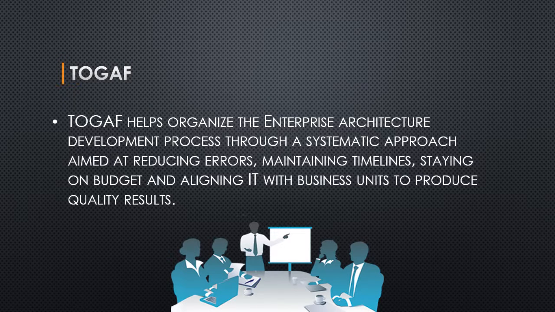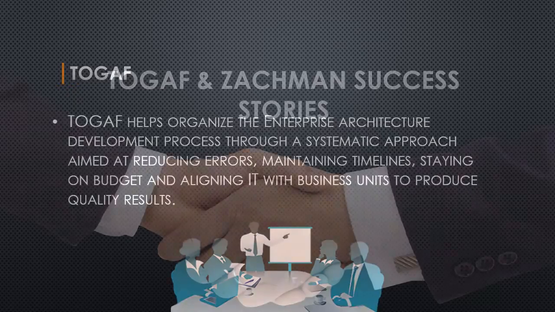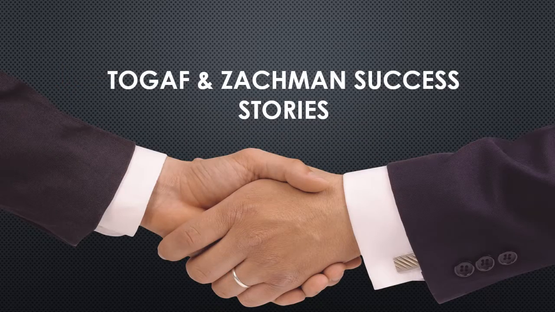It helps organize the enterprise architecture development process through a systematic approach aimed at reducing errors, maintaining timelines, staying on budget, and aligning IT with business units to produce quality results. Now we'll be talking about TOGAF and Zachman.